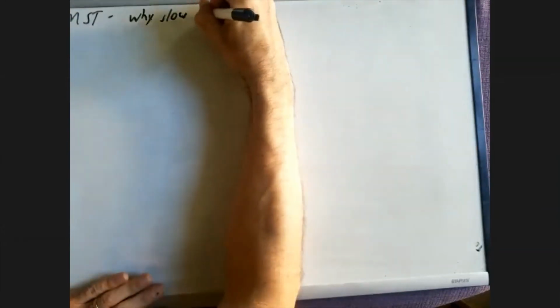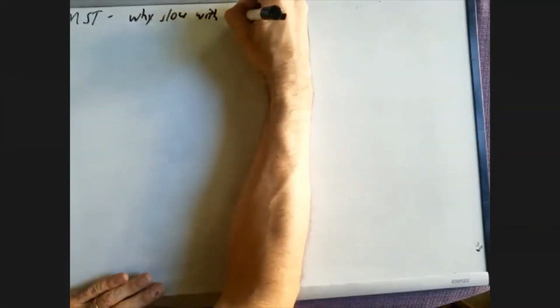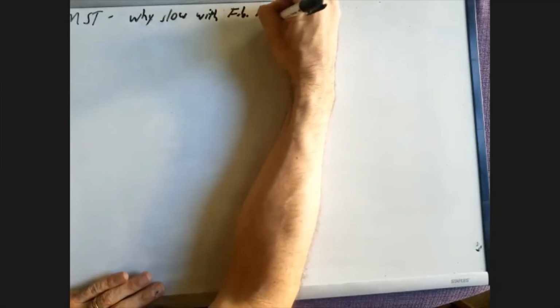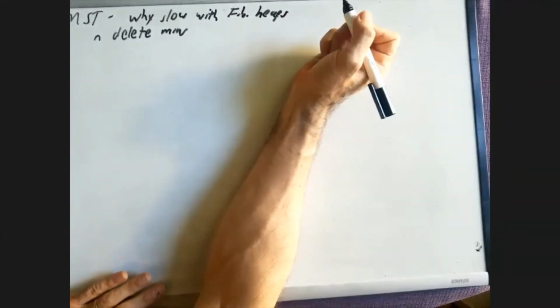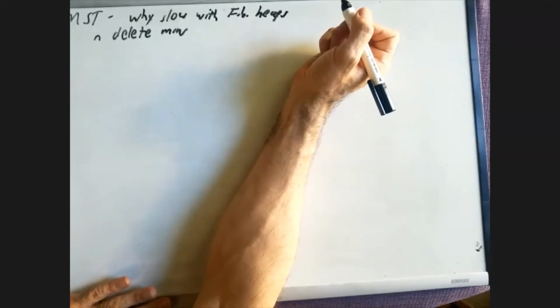So let's focus on MST. Let's look at making MST faster. So let's reflect a little on why it is still slow with Fibonacci heaps. Well, it's because we're doing n delete mins. But the fact that we're doing delete mins is not in itself a reason for slowness, right?